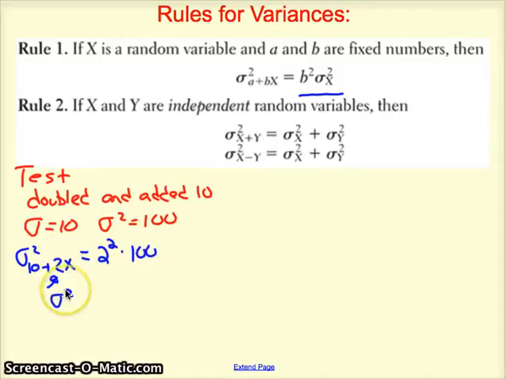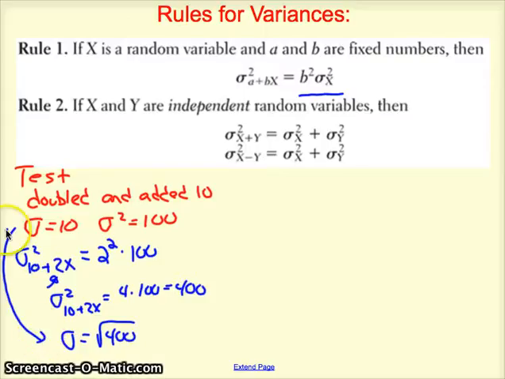So the new variance after adding 10 and doubling is equal to 4 times 100, which is 400. That's my new variance. So it went from 100 to 400. What happened to the standard deviation? Well, if I want to get the new standard deviation, that's the square root of 400. And that we could compare to the original standard deviation, 10. So to get to standard deviation, I have to get the variance first, using the formula, and then take the square root.